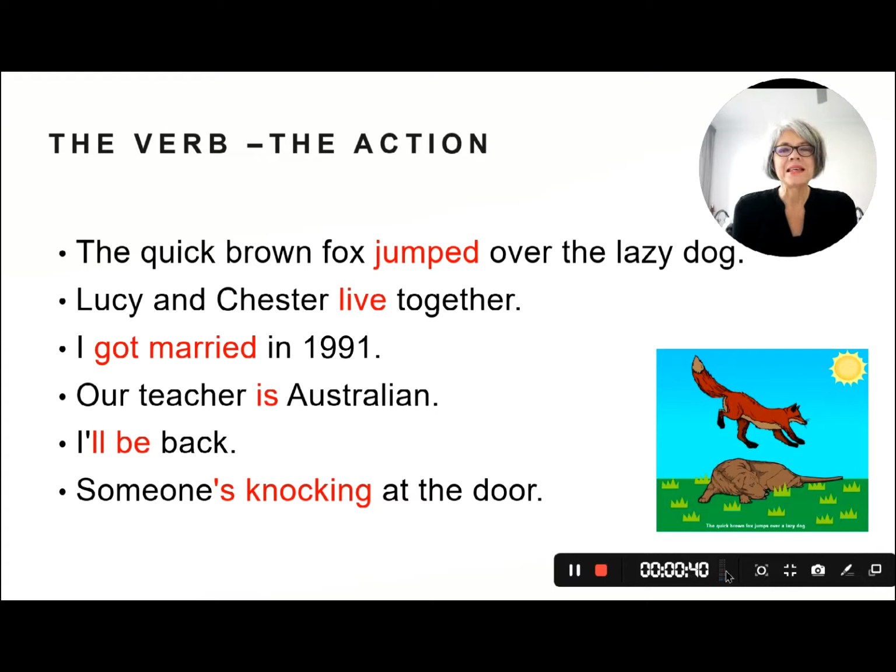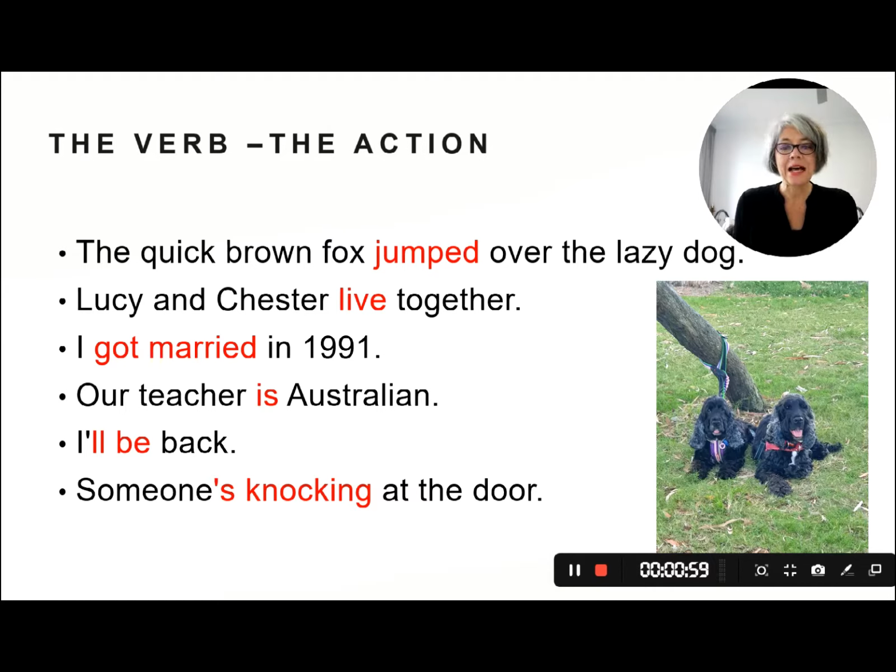Okay, the action is contained in the verb. So here we have the quick brown fox jumped over the lazy dog, and the red word is the action word, the verb. Next one. Lucy and Chester live together.